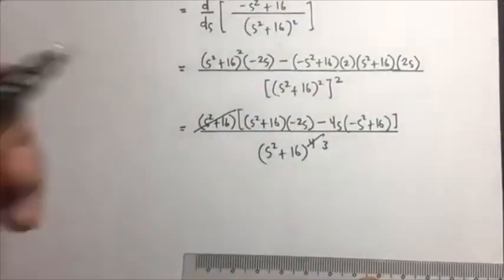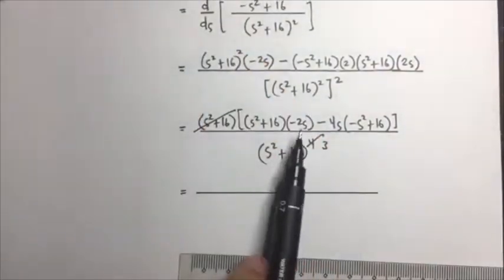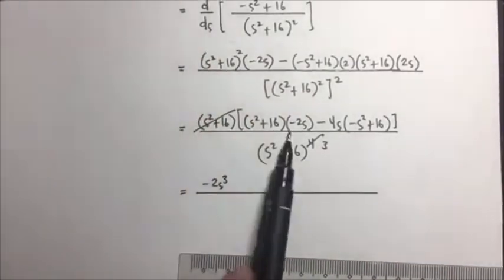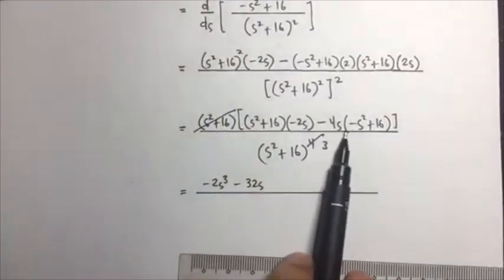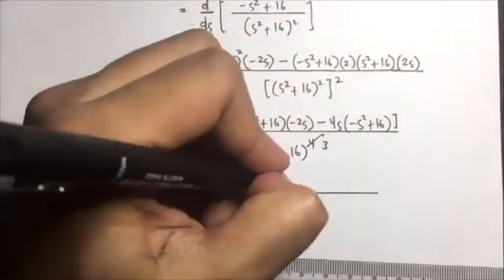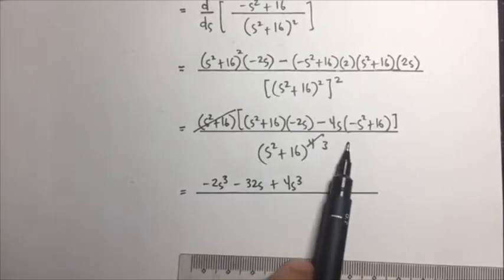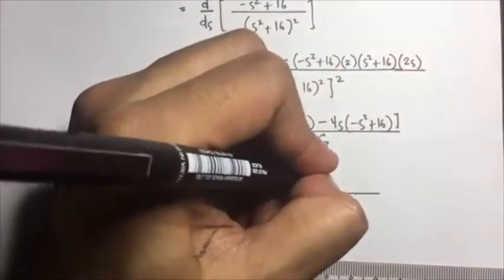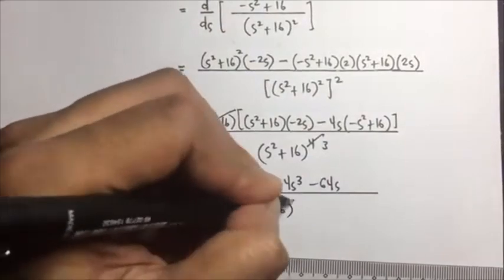Obviously we can cancel out one s squared plus 16, so what will remain is the numerator. Let's simplify, distributing negative 2s: we have negative 2s cubed minus 32s, and then plus 4s cubed minus 4 times 16, that is 64s, over s squared plus 16 cubed.